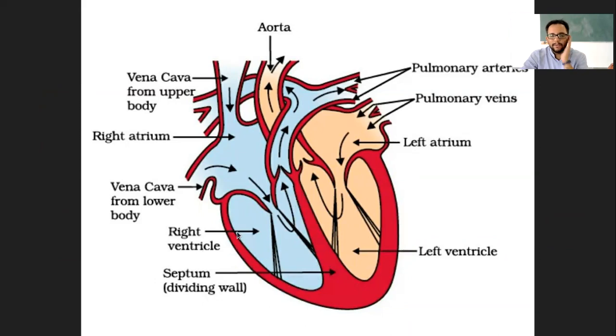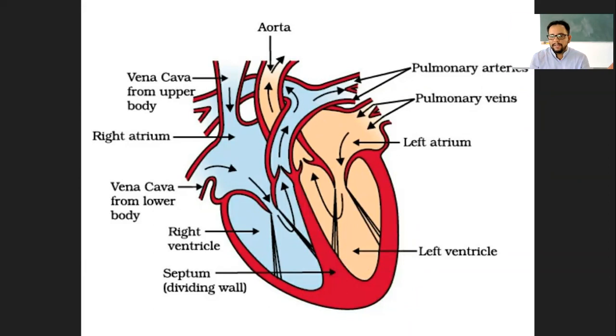My bad, people, I'm sorry. Right ventricle thickness is less compared to the left ventricle, which is thicker in nature. So it is bigger as well as having thicker walls around it. And again, the same logic: because it has to pump blood through the veins to the body organs, it needs a lot of pressure.